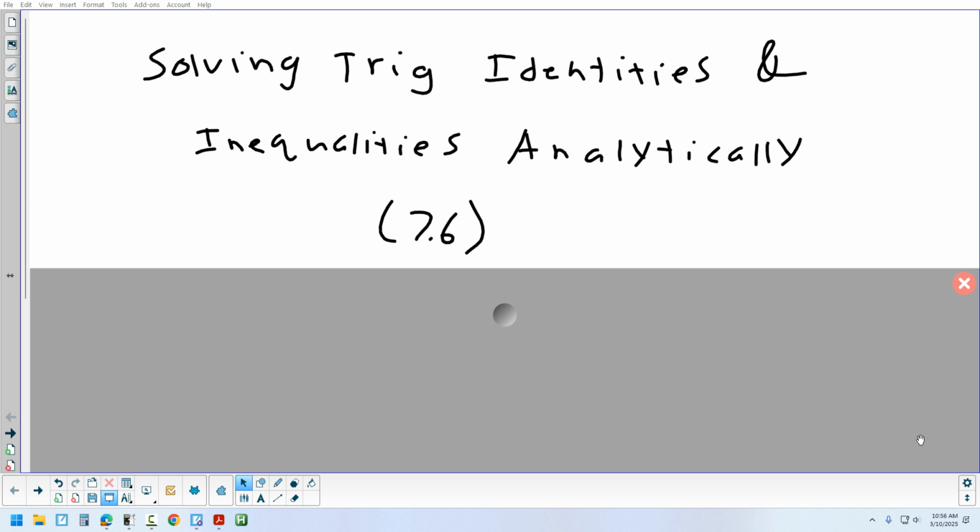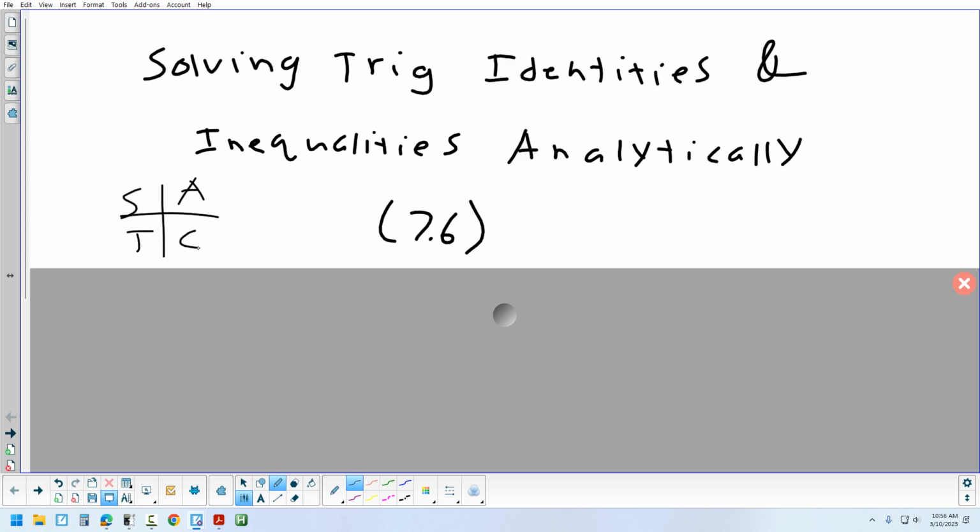All right, so let's take a look at our last section from chapter 7, which is 7.6. And being the last section, a lot of times that last section really ties in all kinds of stuff that we've learned throughout the chapter. Okay, so things that we need to know in this section that we just went over: the ASTC diagram. So that's going to be important. Inverse trig, how we get rid of a regular trig function.